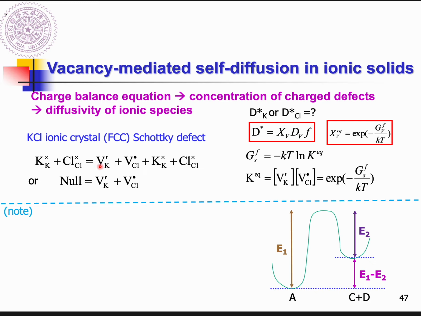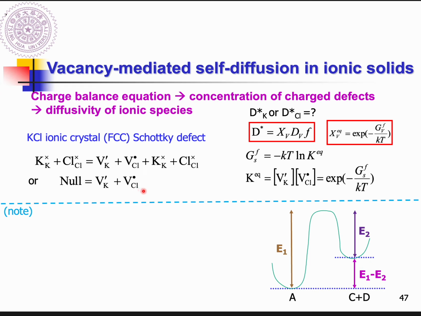It's a pair of V_K and V_Cl. And the rest of the part remains: potassium at potassium site, chloride at chloride site. So you can delete these terms and rewrite the equation: no Schottky defect, and then you generate a pair of V_K and V_Cl.